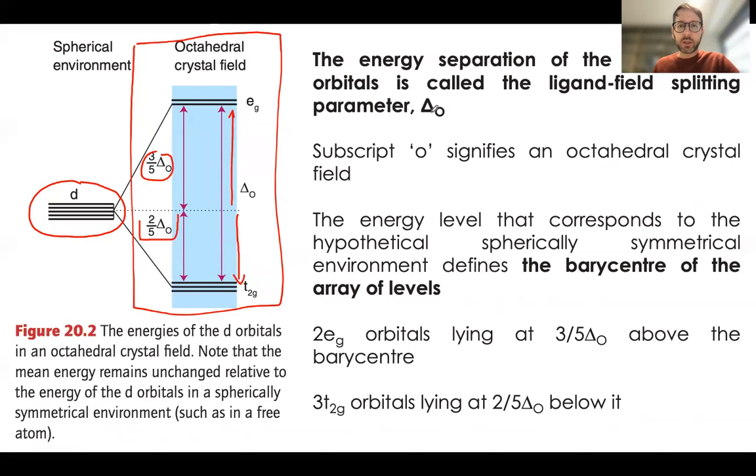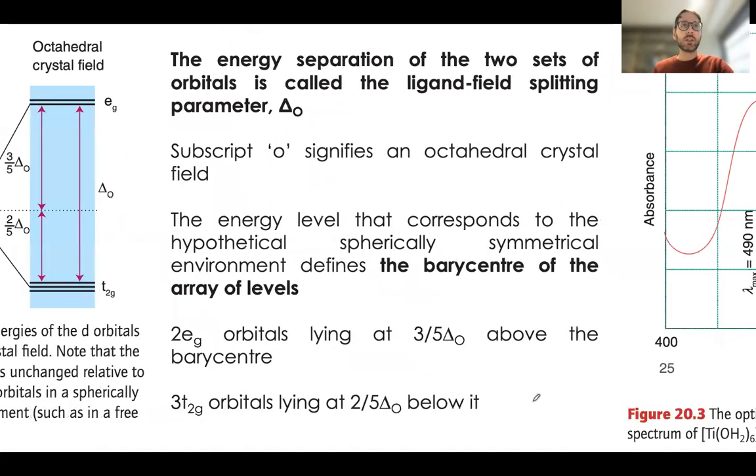And here, this all means octahedral geometry. So the eg orbitals lie at 3/5 of the ligand field splitting parameter above the body center, while the three t2g orbitals are at 2/5 of the ligand field splitting parameter below the body center.